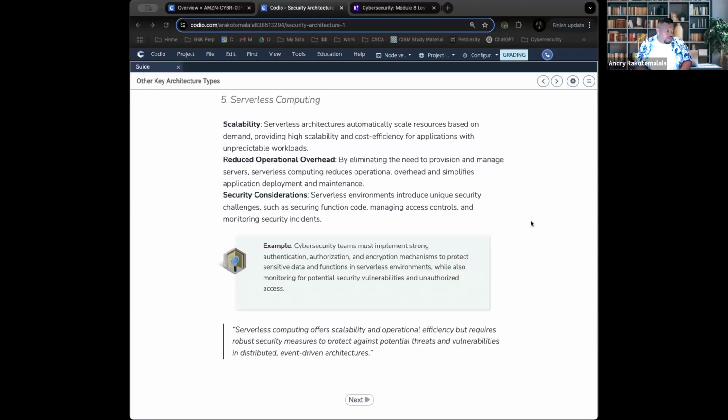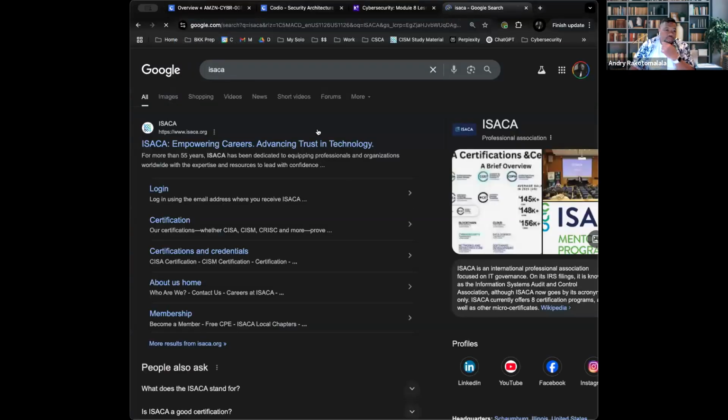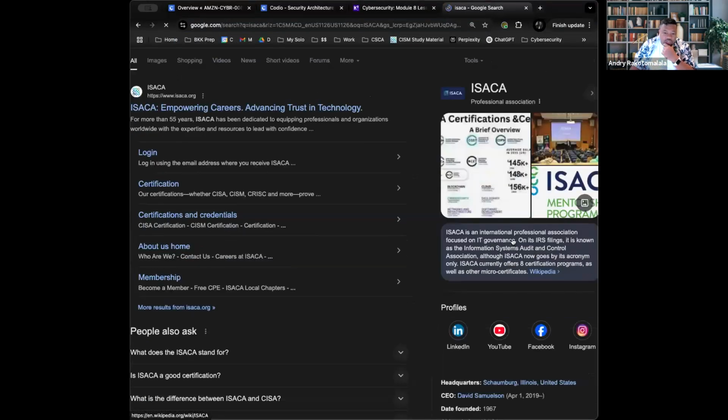Richard asks who regulates data protection stored in the cloud. Very good question. There are a bunch of different institutions that exist out there. One of them is called ISACA. ISACA is an association focused on IT governance.